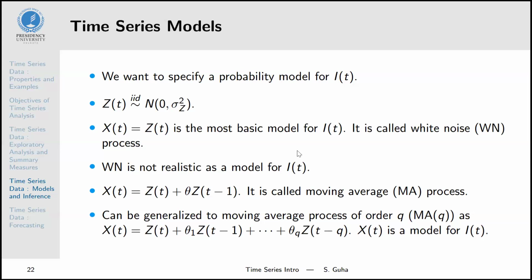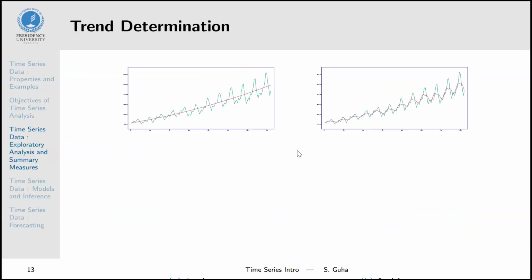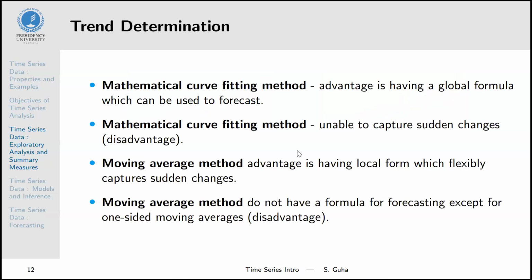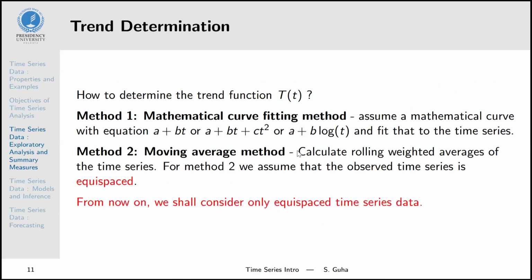Now, I think one of our participants was asking about moving average in our last lecture. When he was talking about the moving average, it is this moving average. We have also talked about another kind of moving average, if I go back in the slides. We have studied a moving average method for trend determination.